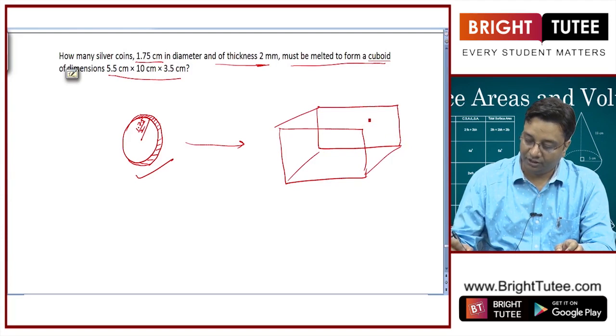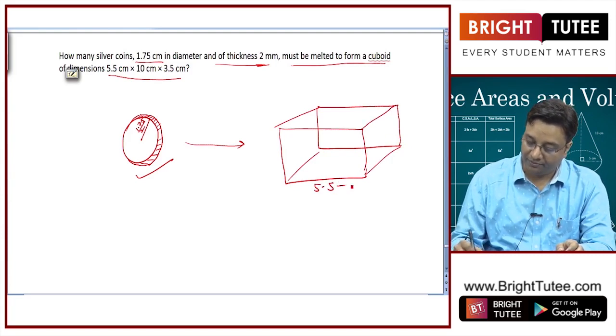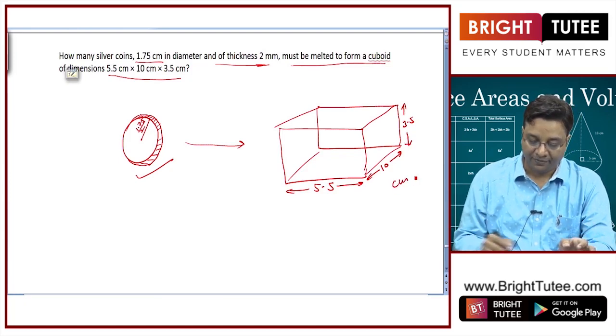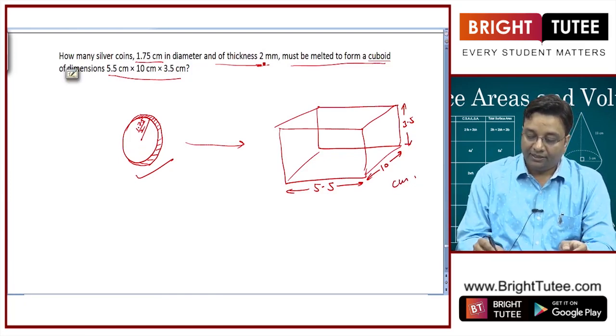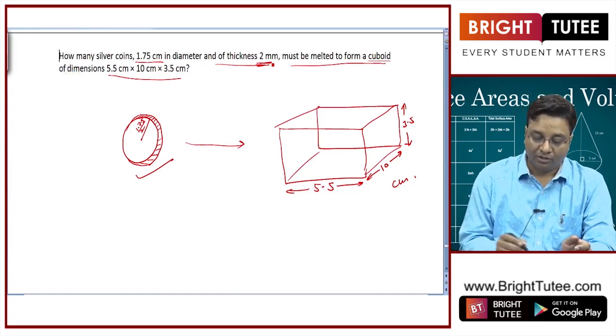And these silver coins are to be melted to form a cuboid. The dimensions of the cuboid are also given, which are 5.5 centimeter, 10 centimeter and 3.5 centimeter. These dimensions are in centimeter, and thickness is given in millimeters, which we will convert into centimeters. So how many silver coins?